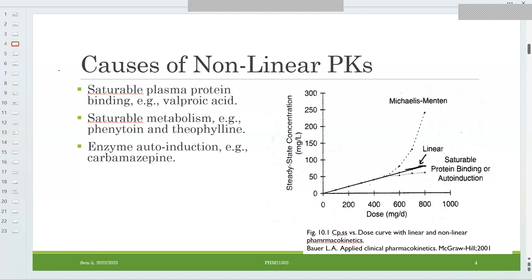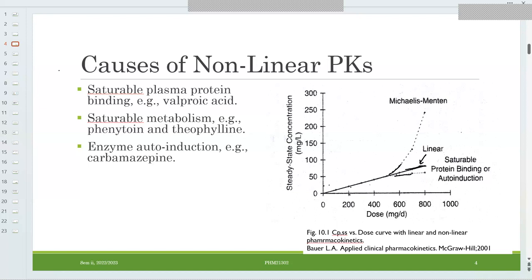However, nonlinear will be a deviation. At the beginning, the attitude will be same like linear pharmacokinetics, and then there will be deviation up or deviation down. What does it mean to deviate in this direction upwards? Means that when you increase the doses, you will get a higher than expected concentration. Higher than expected concentration. So here, for example, the dose is 200.